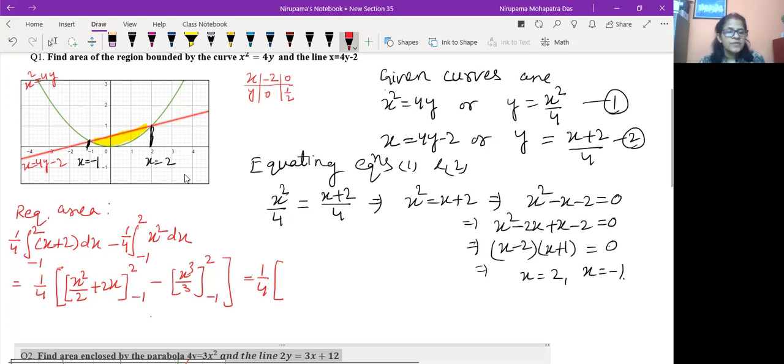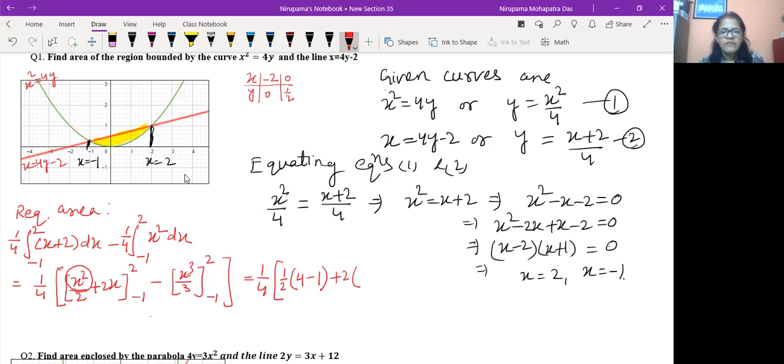Okay, so here you see x square by 2. I am just splitting the terms like this. 1 by 2 of x square, upper limit 2, that means 4, minus at lower limit minus 1. Plus 2 into value at upper limit 2 minus value at lower limit minus 1, it will be minus of minus 1 plus 1.